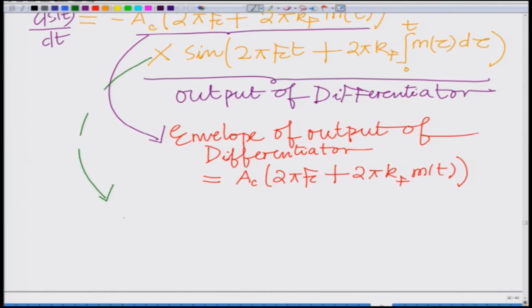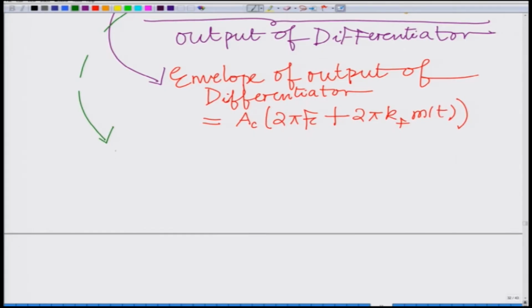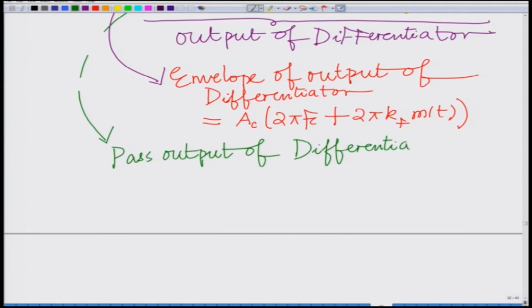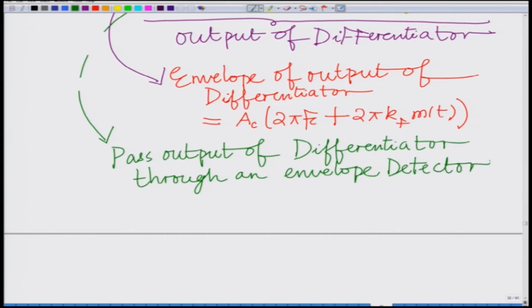So, pass the output of the differentiator through an envelope detector, correct.